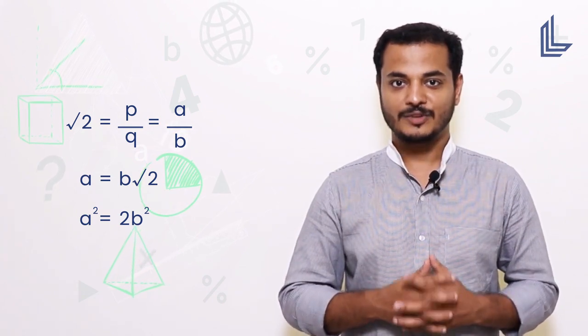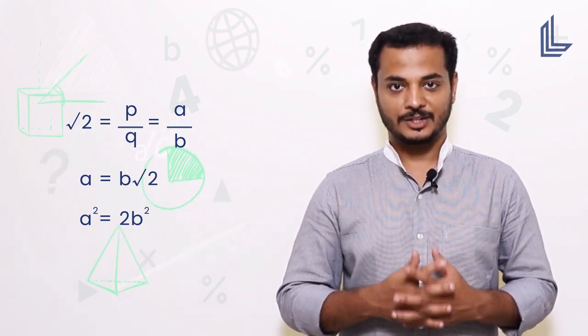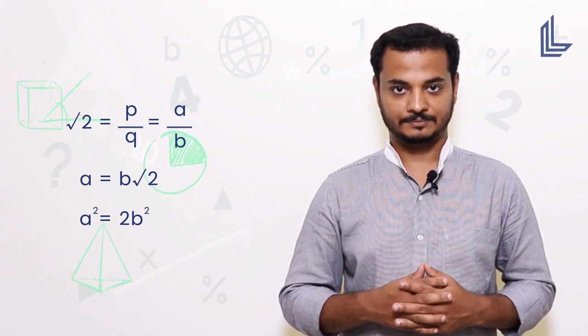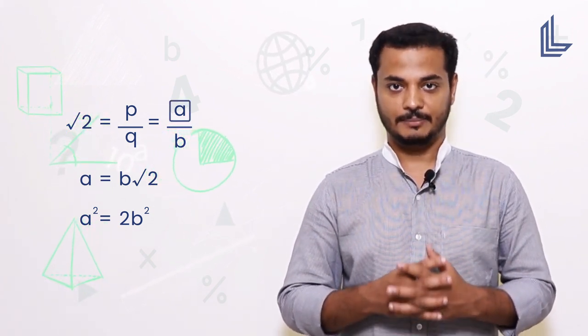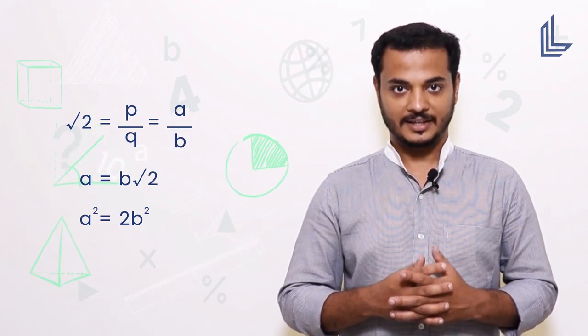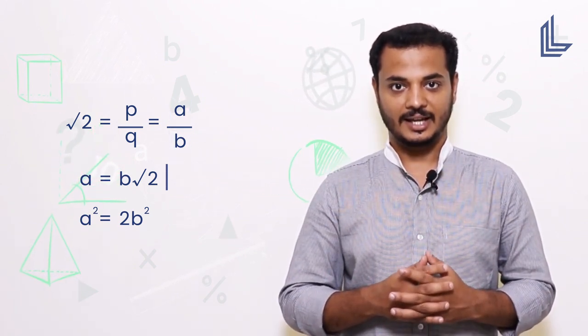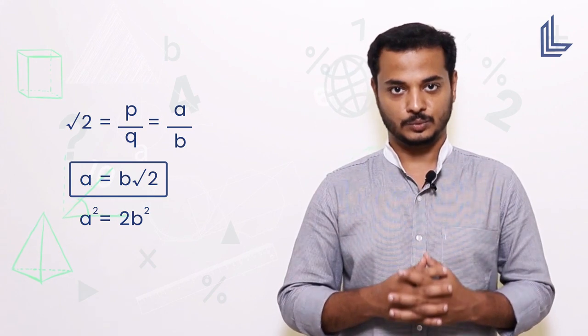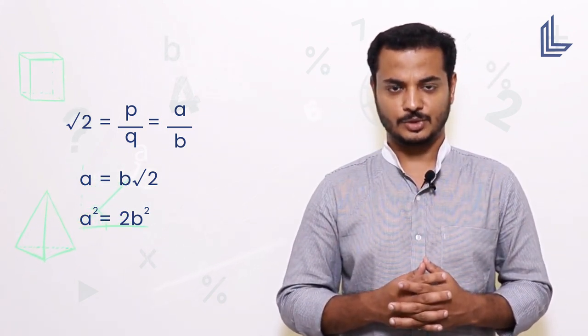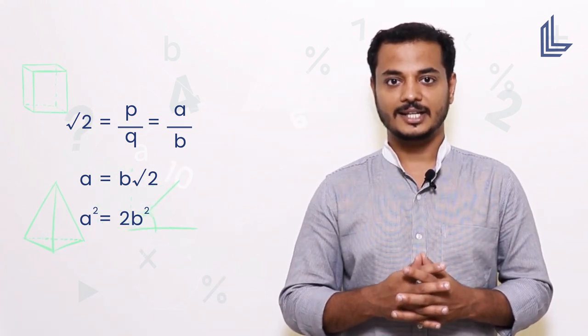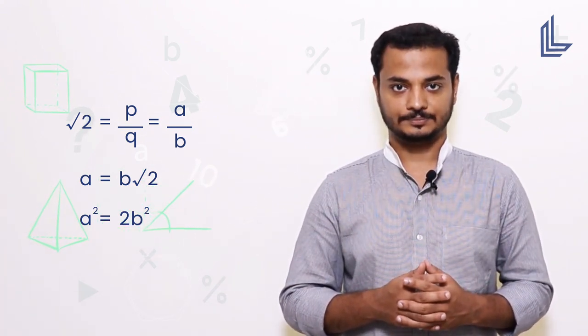Alright, now we have reduced p by q to a by b. This means we can write root 2 is equal to a by b. Rearranging it, we can write a is equal to b root 2. Now let's square this equation. So we get a square is equal to 2b square.